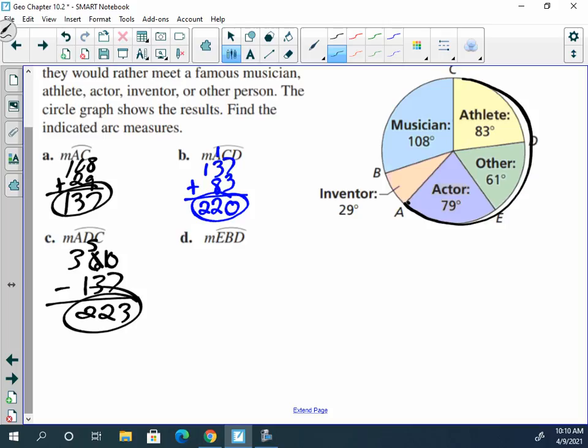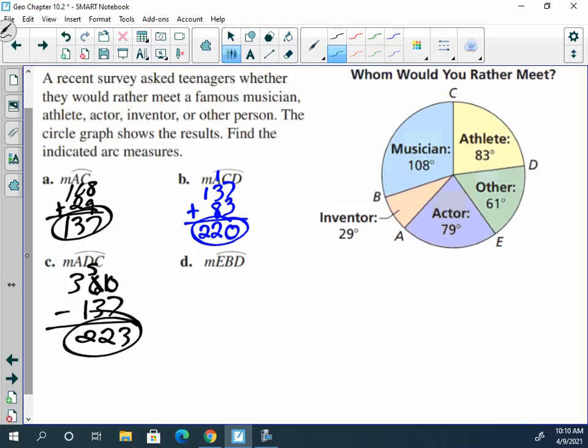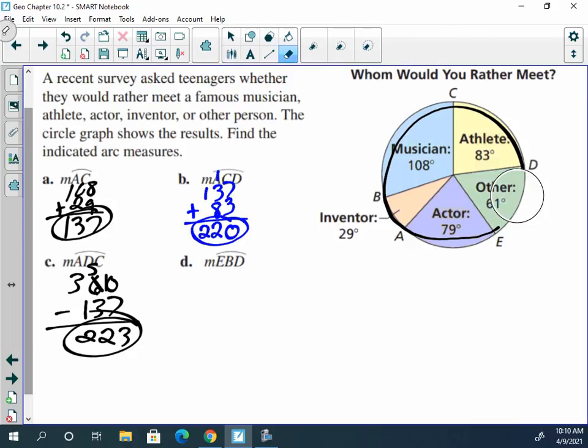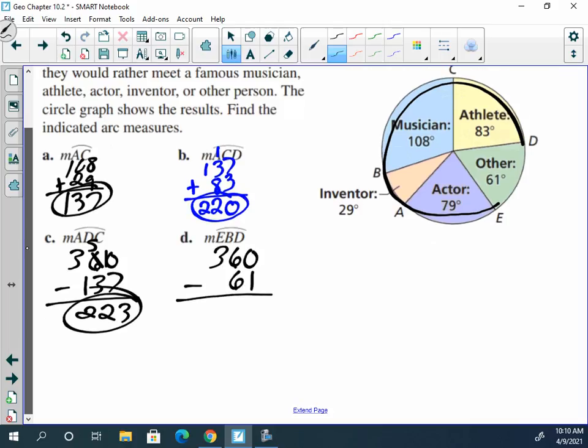And last but not least, EBD. EBD. Right, we can do 360 minus 61. 299.